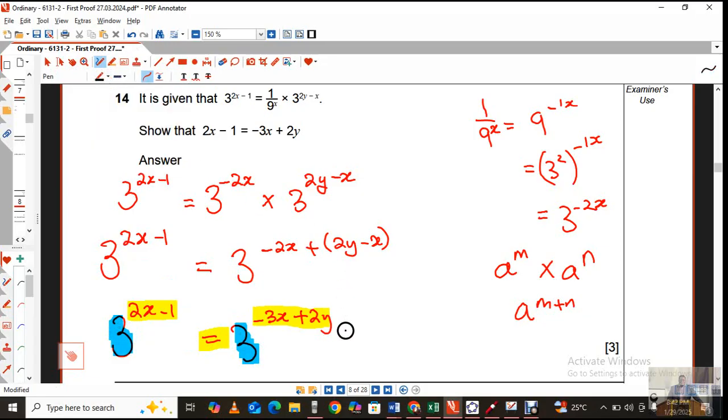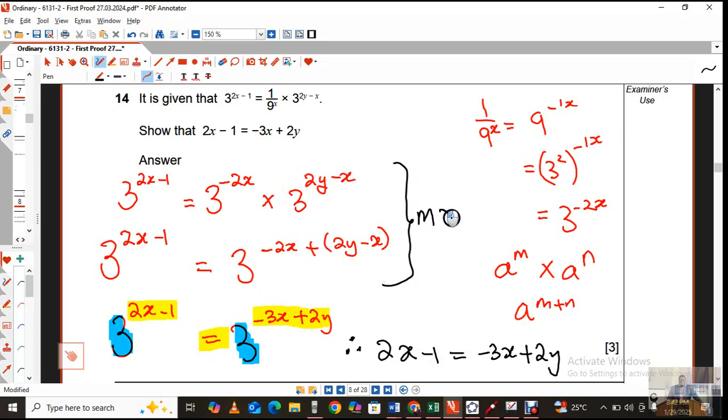When we equate the exponents, I will say, therefore, I have now established that 2x minus 1 is equal to minus 3x plus 2y. So I only get a mark for establishing this if I show a valid method here. So that will be 2 marks for the method and 1 mark for establishing that fact.